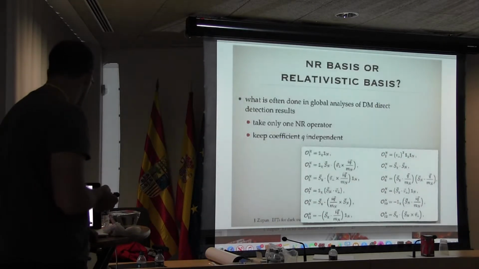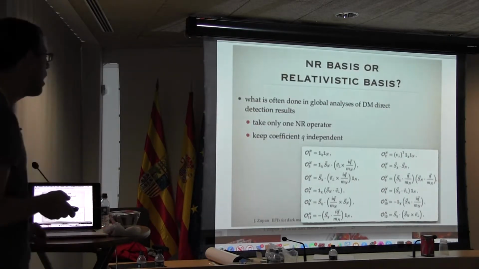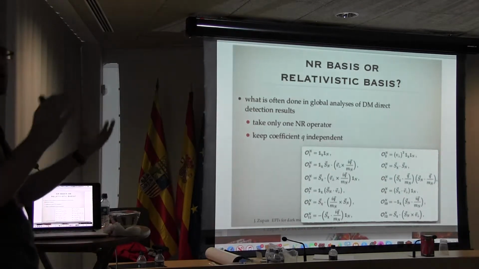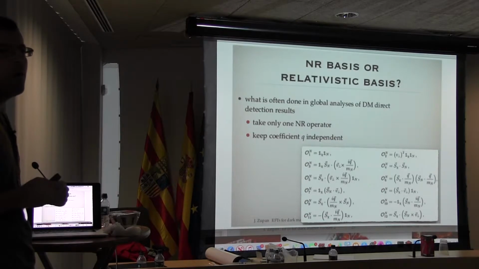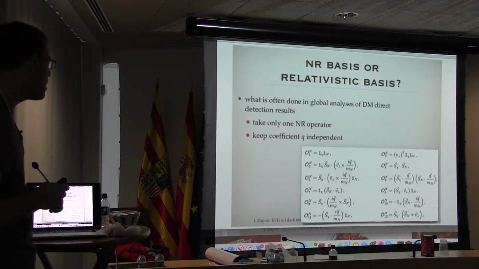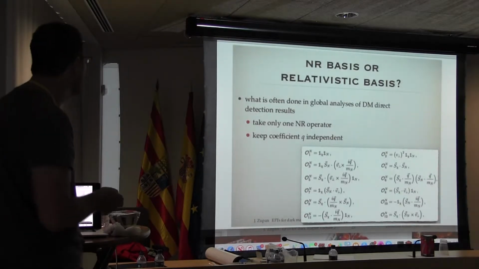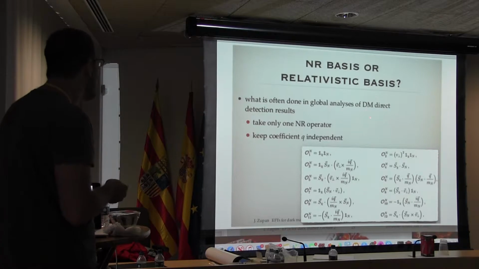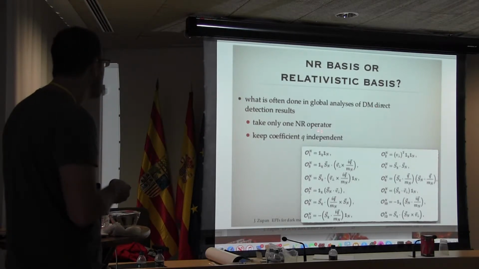Right. Okay. So now comes a series of visual results of what we have learned. So the first statement was this one. What's often done in a global analysis, or what used to be done, is the following. You take one non-relativistic operator and keep coefficients Q independent.